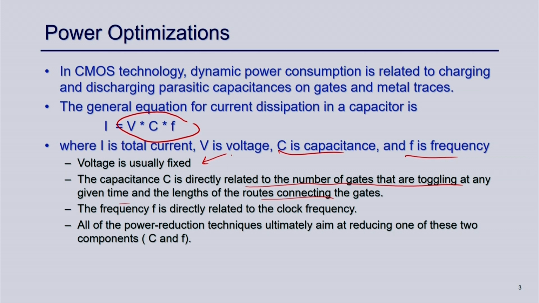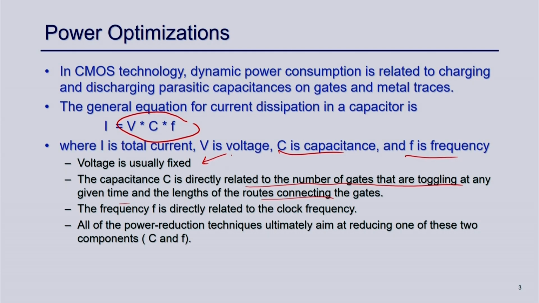At a very basic level, the capacitance depends on the number of togglings. Toggling means when your data state changes from 0 to 1 or 1 to 0. Whenever you have a lot of togglings, your capacitance will increase and your total power consumption will increase proportionally.